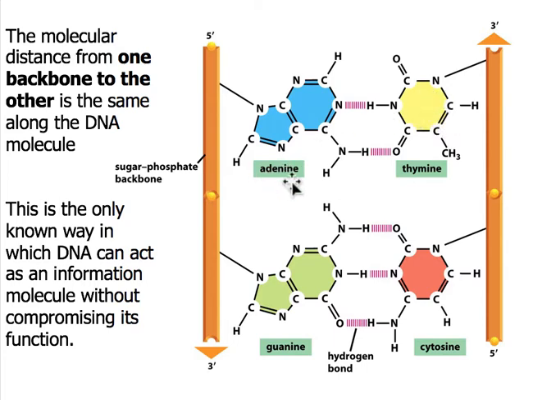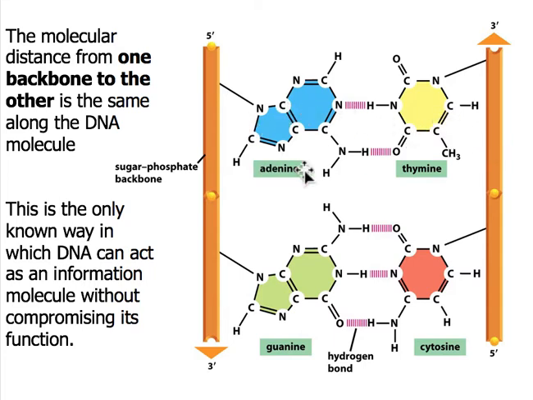So adenine can pair up with thymine, and guanine can only pair up with cytosine. The relationship between adjacent bases is irrelevant in DNA because information can be stored in any order. However, for each rung of this ladder, the relationship is fixed.